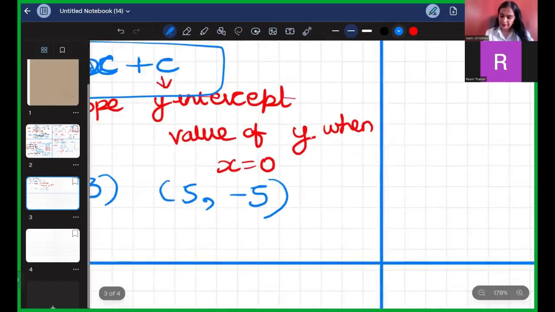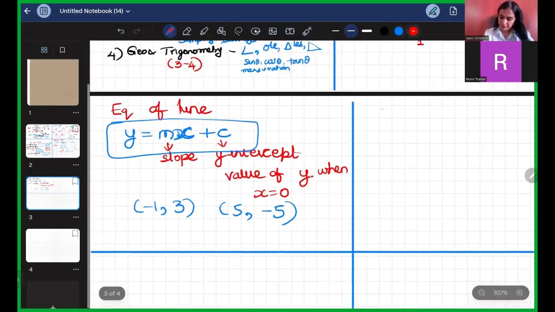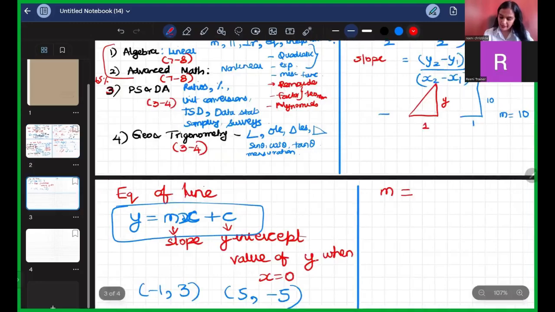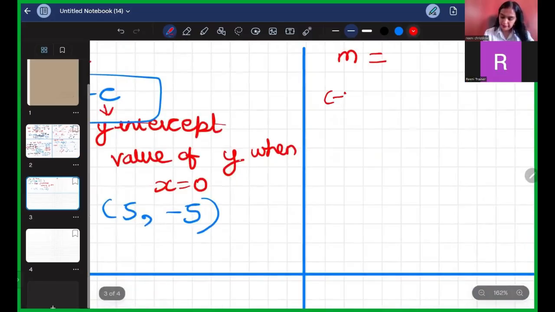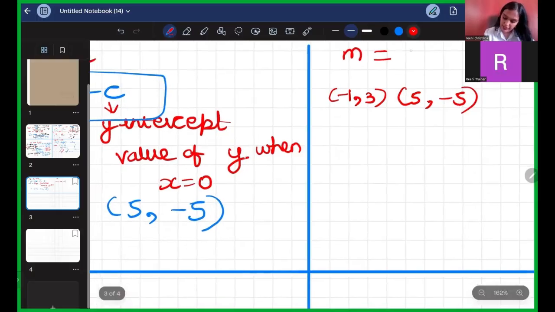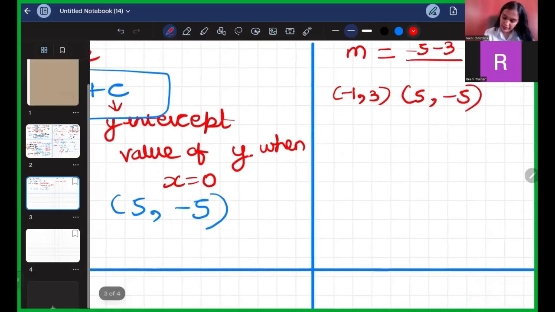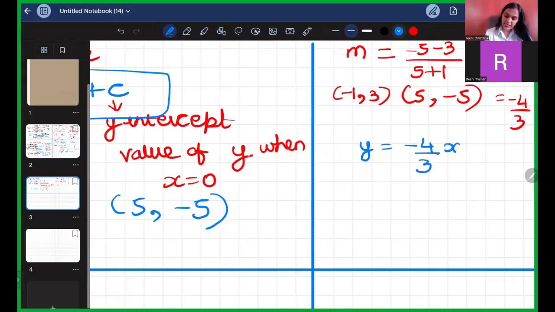So the slope is y2 minus y1 over x2 minus x1, that is -5 minus 3 divided by 5 minus -1. So this is -8 by 6, which is nothing but -4 by 3. So this is the slope. Now I can write y is equal to -4 by 3 x plus c.